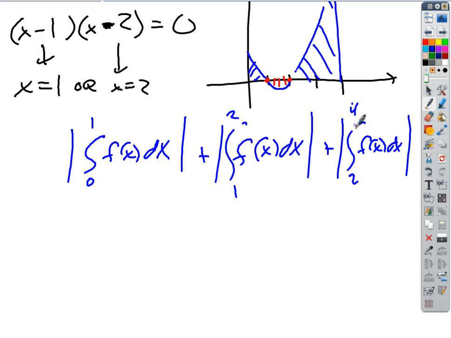Why? Because from 2 to 3, we're under the same piece of area. We only have to split it where the function crosses the x-axis, right?